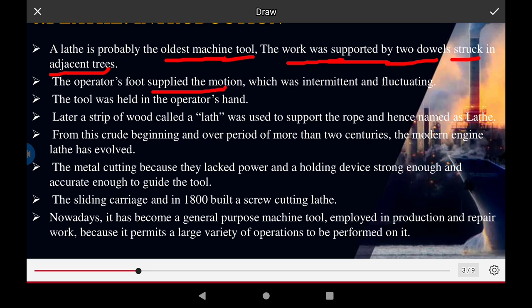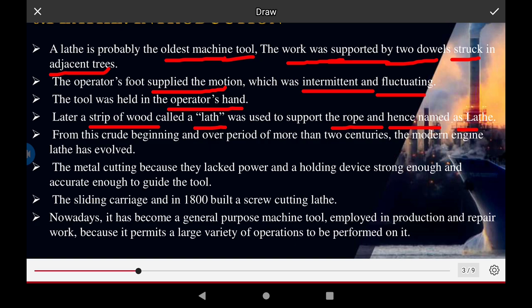The tool was held in the operator's hand. Later a strip of wood called the lathe was used to support the rope, and hence the name lathe.